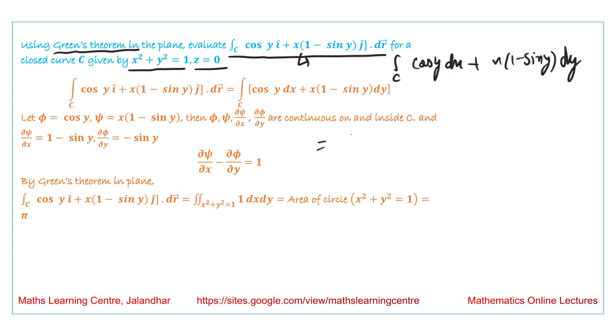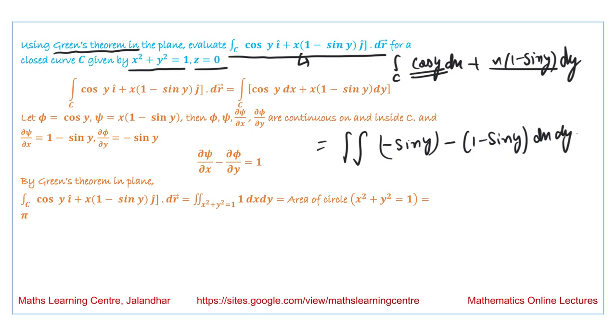We are writing this is equal to double integral. The derivative of this term with respect to y, that will be minus sin y, and derivative of this term with respect to x it is 1 minus sin y, into dx dy, and the region we have it is x square plus y square is equal to 1.